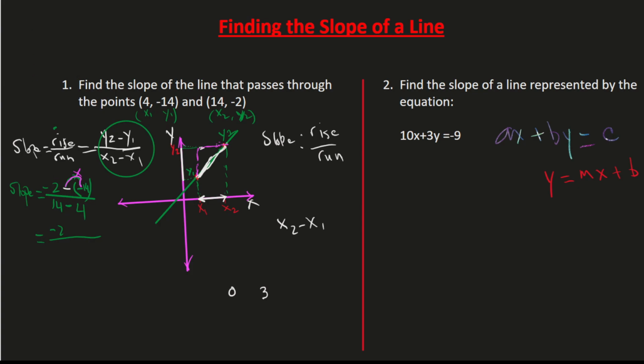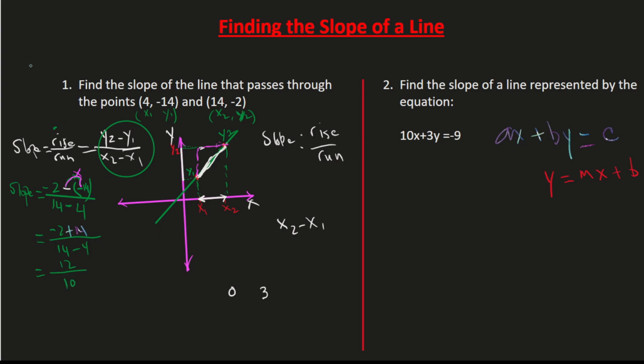So minus 2 plus 14, over 14 minus 4. This is equal to minus 2 plus 14, which is 12, and 14 minus 4 is 10. So we get 12 over 10. This should have been the answer.